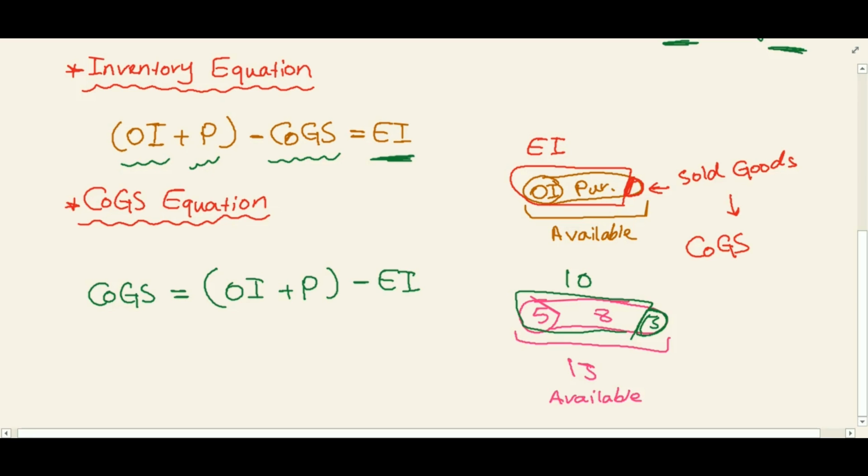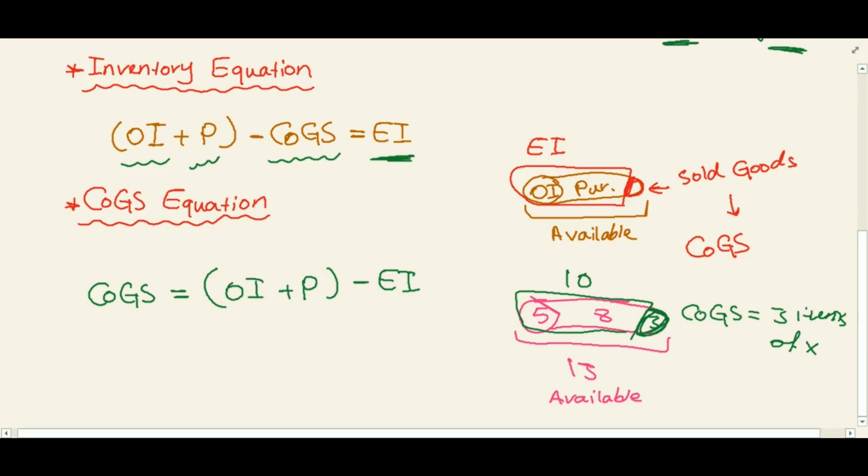So let's say these 3 items are not in our warehouse. So we will assume that we have sold these 3 items. So in cost of goods sold, we have 3 items of X.